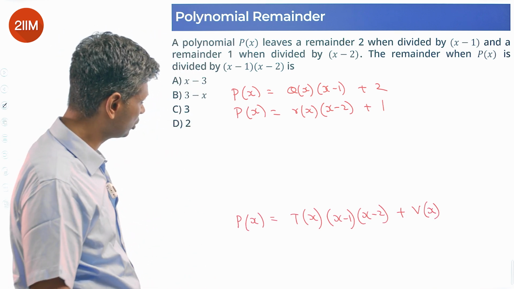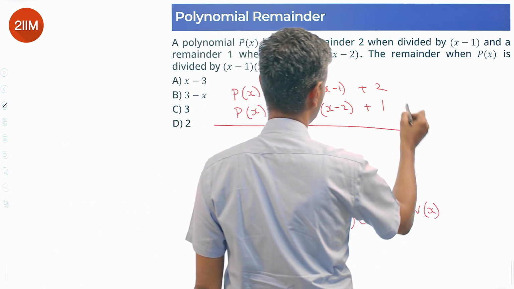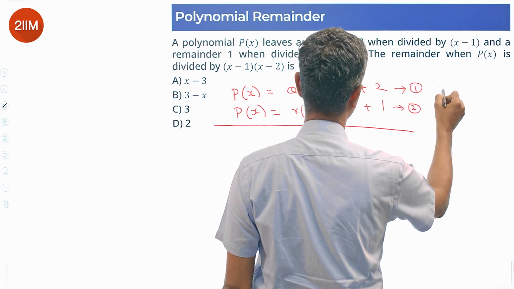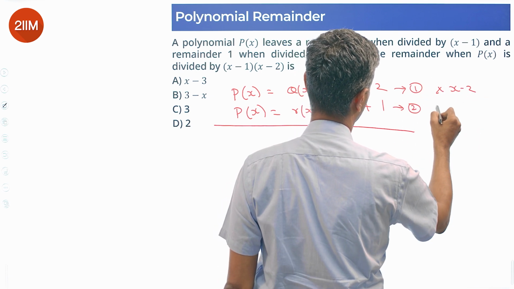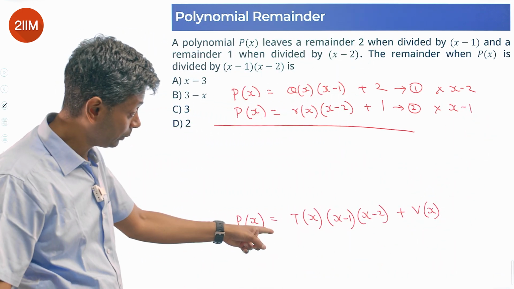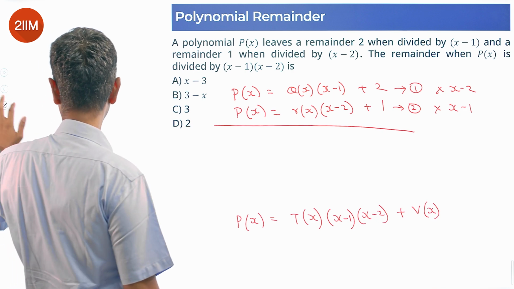How do we do this? We do this in a brilliant method. We call this equation 1, call this equation 2, multiply equation 1 by x minus 2, equation 2 by x minus 1. Remember, this is what we want to achieve in the end. When we do that, what do we get?